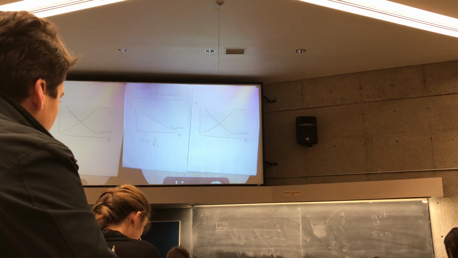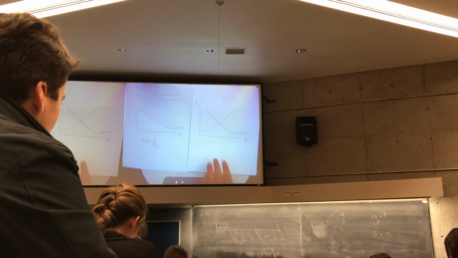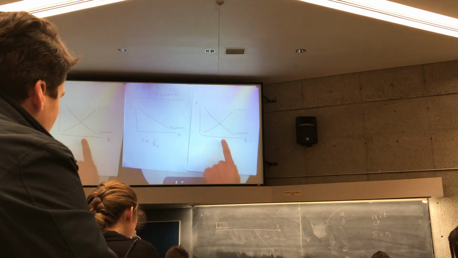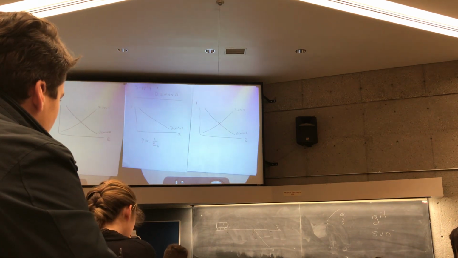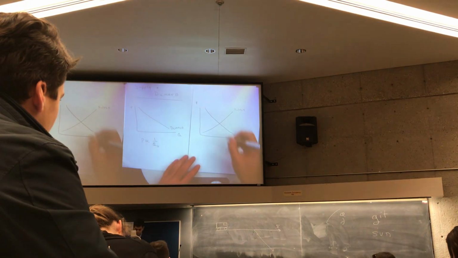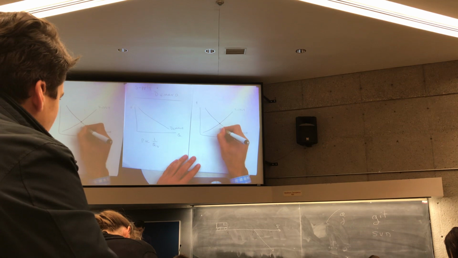So some things to notice immediately just about this one graph is that there is a point of intersection between supply and demand. We call this intersection the equilibrium.